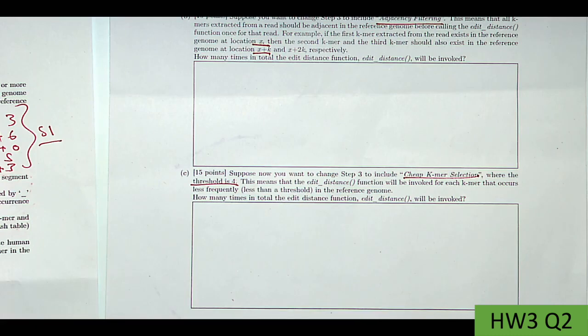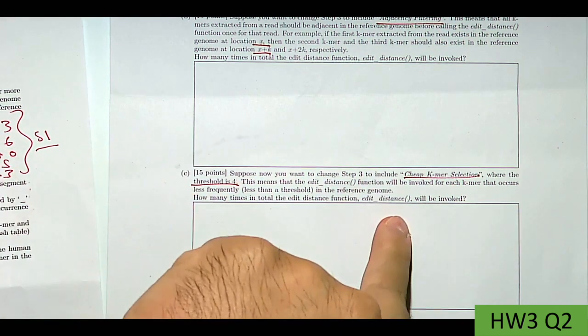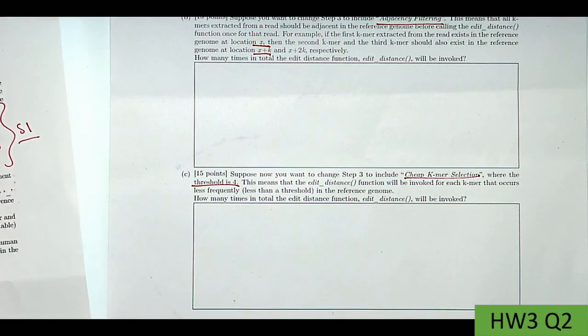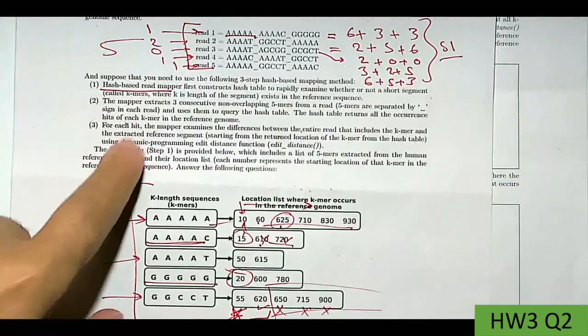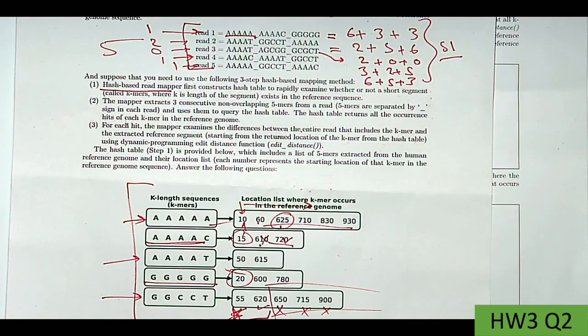It seems we didn't, so you can assume it here. You can assume that I'm going to follow the adjacency filtering and apply the threshold together. That's true, it should be correct. Or I'm going to change step 3 and apply the threshold, which here doesn't mean I have adjacency filtering, which is the original question. So both of them are correct.